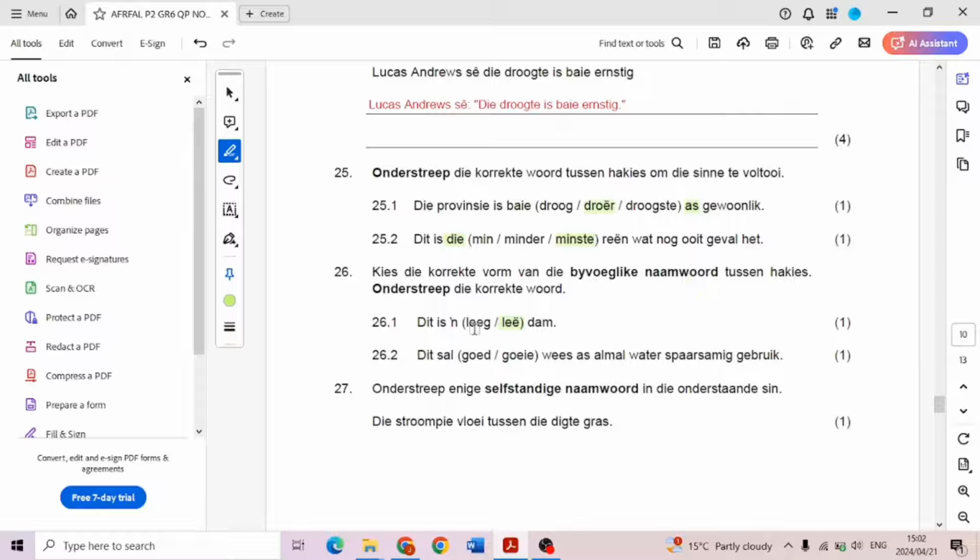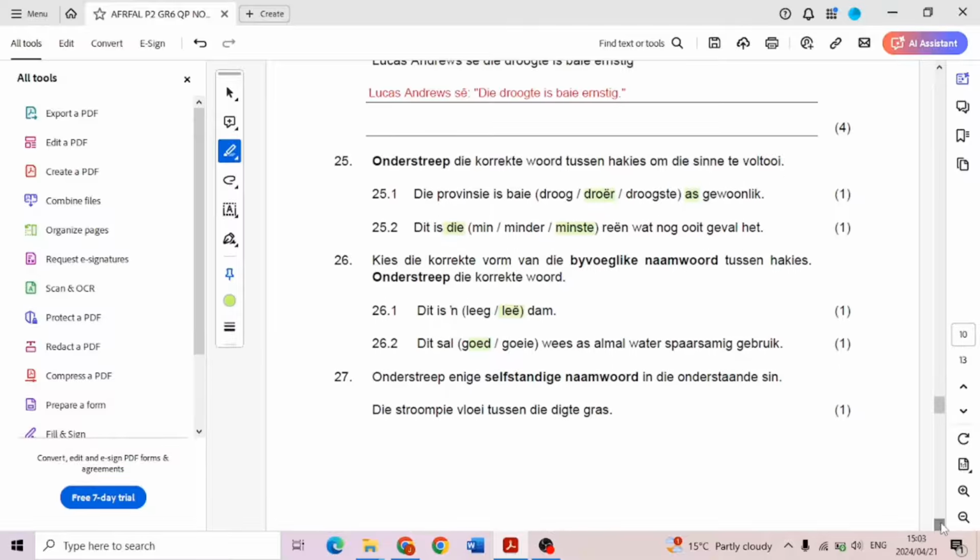If it was leeg, it was gonna say dit die dam is leeg. Okay, and then dit sal wees as almal water spaarsamig gebruik. Here we're gonna use goed because goeie needed to describe a noun and there's no noun here.